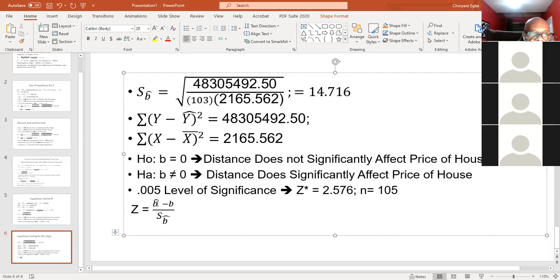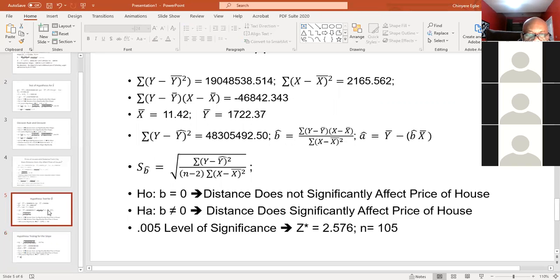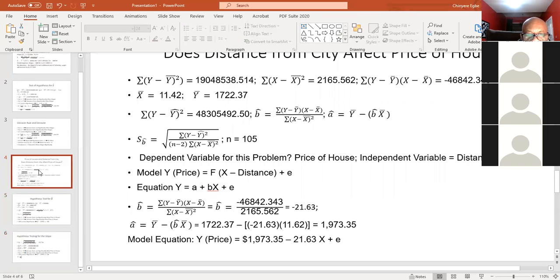So B hat, what was our estimate of B hat? We had B hat was 21.63, right?